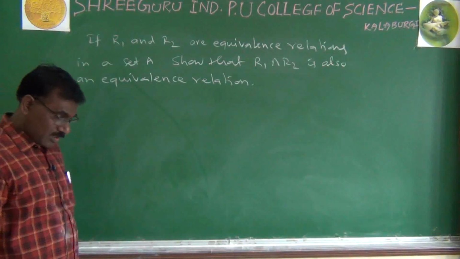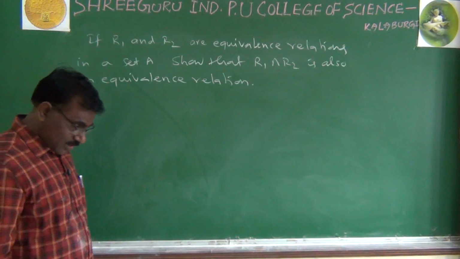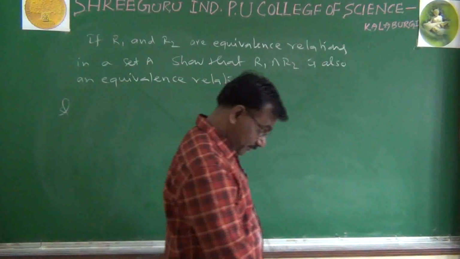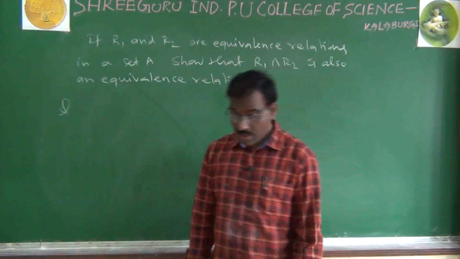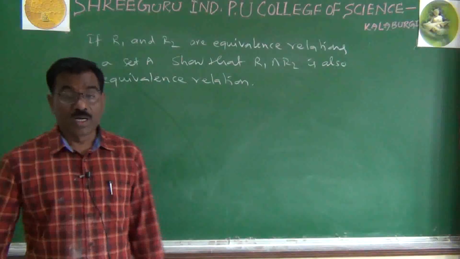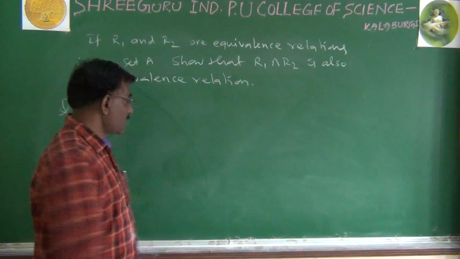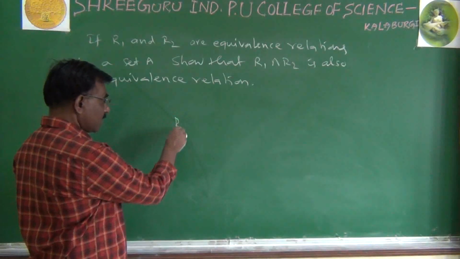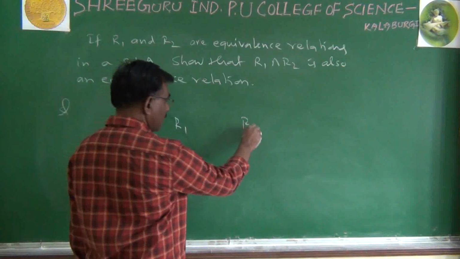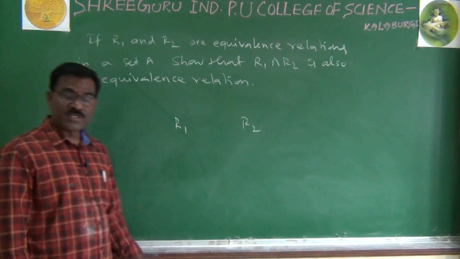How do we start? Roughly I am explaining. When R1 and R2 are equivalence relations, it means R1 is an equivalence relation and R2 is also an equivalence relation.